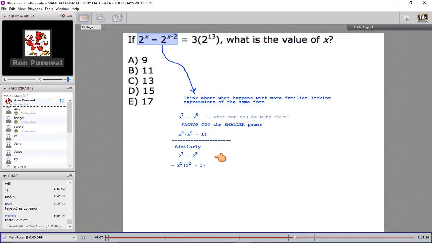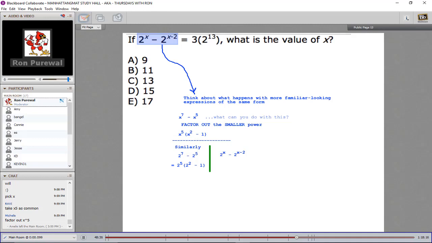People tend to be more comfortable with that, but that's only because they've done so much more homework with things like x in these situations as opposed to things like 2. If you'd worked enough problems with numbers there, you'd be fine with that too. So then the next sort of thing, if it's 2 to the x minus 2 to the x minus 2, the small power is x minus 2.